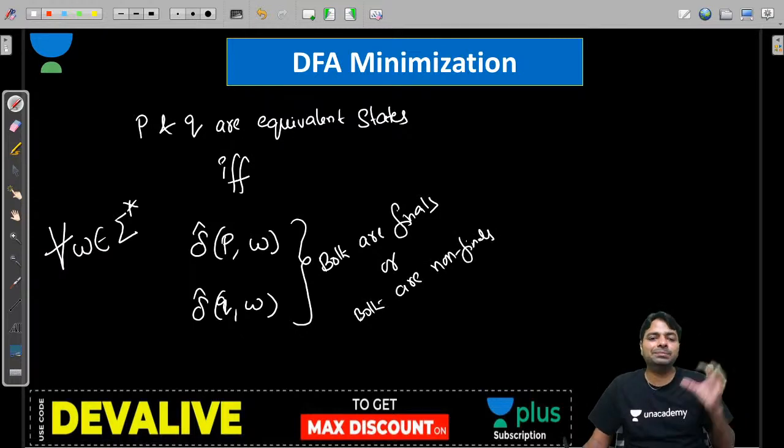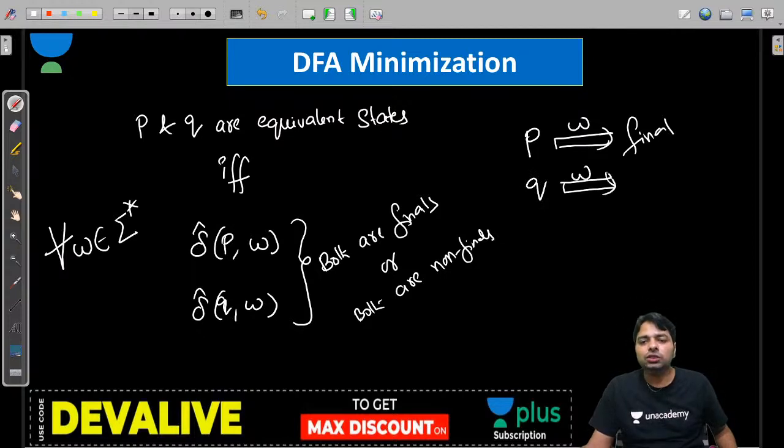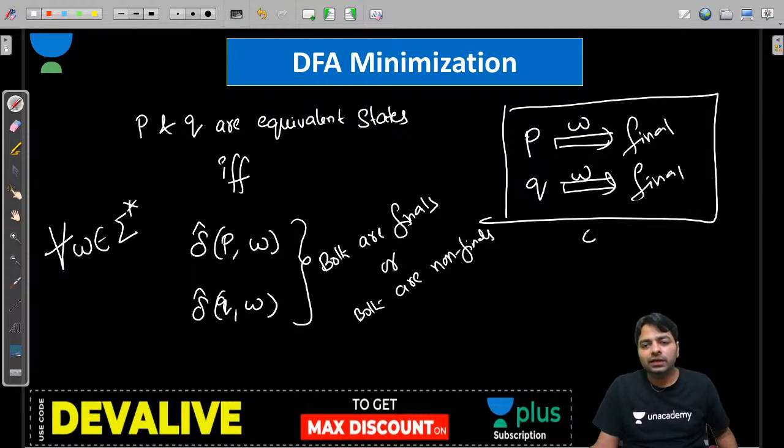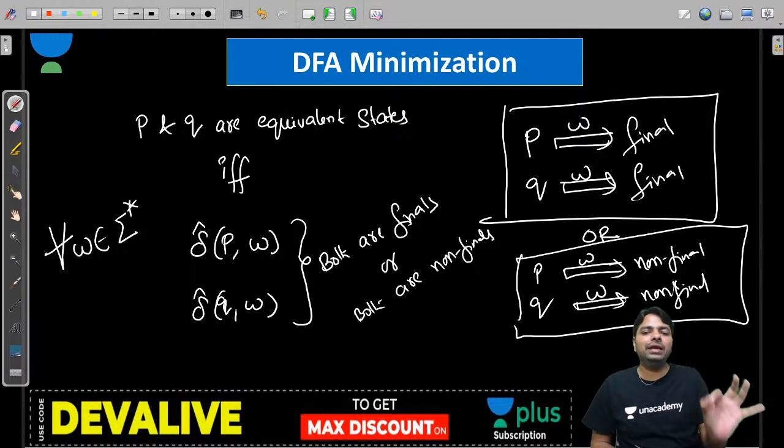It means from P, if I read a W and go to final, then Q on the same string should go to final. Or if P on W goes to non-final, and it's not for one W, I'm talking about every W, then only can we combine, guys. That is the meaning of equivalence between two states.